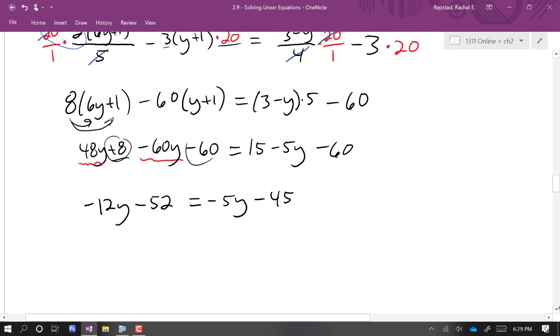Alright, let's get all our y's on one side and everything else on the other. I'm going to add 5y and add 5y. That'll get all my y's on the left. Then I'm going to add 52 because I don't want that negative 52 there, so I'm going to have to add 52 over on the other side.